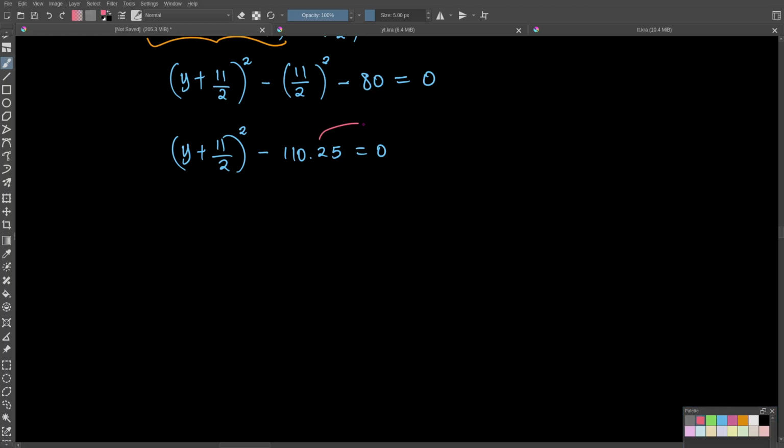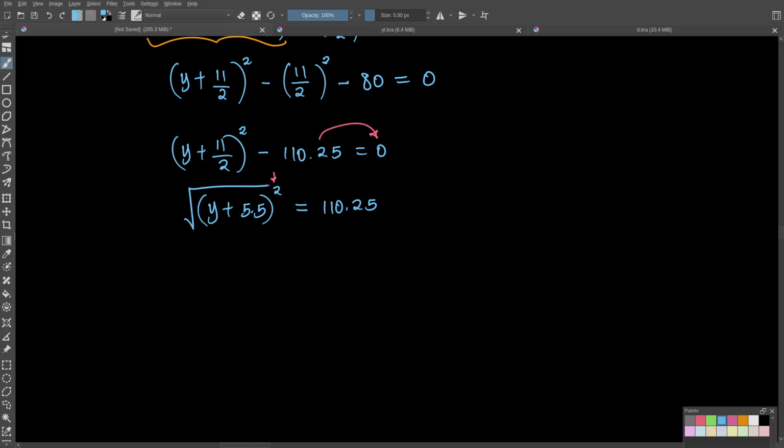Okay, so let's take this negative 110.25, take it to the right side. So what does that give us? So on the left, we have y plus 11 out of 2 is just 5.5. So 5.5 squared is equals to, when the negative 110.25 goes to the right, it becomes positive. So we have 110.25. Then we have this square right here. So to get rid of it, we just find the square root of both sides.